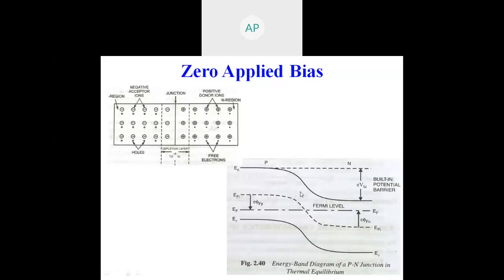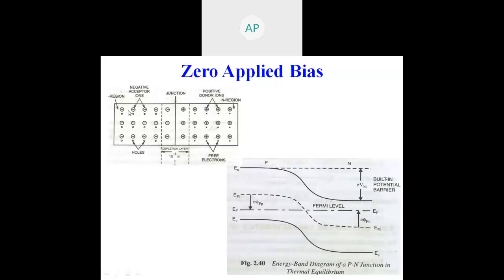It is seen that as the majority electrons move from the N side to the P side, the concentration of holes goes on decreasing. Similarly, holes combine with electrons, and the concentration of electrons changes from the N side to the P side.